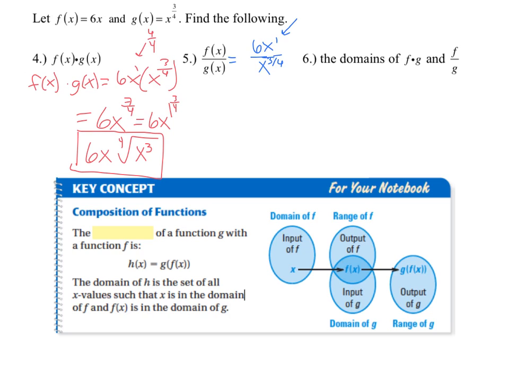We're going to think of that as 4/4, so that we have a common denominator in order to subtract. So 6 divided by the unwritten 1 here gives me 6. X to the first divided by x to the 3/4, I subtract, so I take 4/4 minus 3/4, I get positive 1/4. So I have 6, and then 1/4 means the 4th root of x.